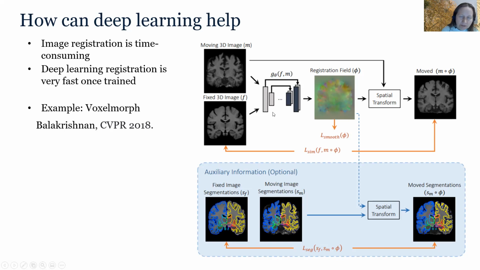Now once we train this network, we can use it for label propagation. If we want to do label propagation, we feed the atlas as the moving image, and the image that we want to segment as the fixed image. The network will predict the deformation field, how to warp the atlas to the new image.